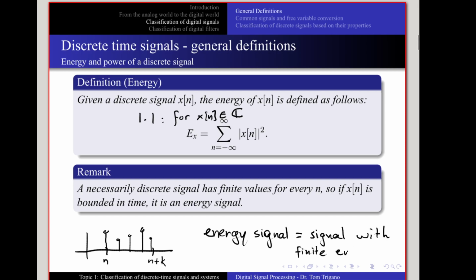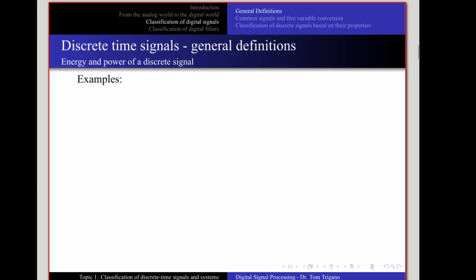So an energy signal is a signal with finite energy. In that context, it is clear why this remark makes sense: if your signal is bounded in time and naturally bounded in amplitude, then the infinite series that you have above is in fact a finite series, and it necessarily converges to a finite value. For example, let's say that we define this signal, which will be equal to 1 from 0 to 10 and equal to 0 otherwise.